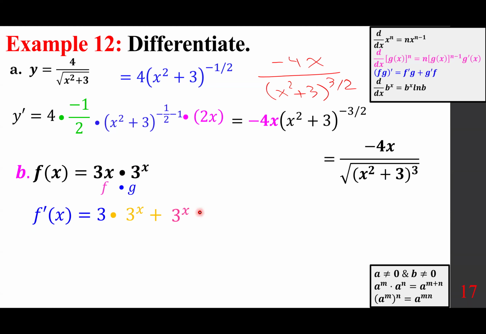No, so ln 3. And now times f, which is 3x. And we are done with calculus. By the way, this is f of x. I call this one f also because I go with the shorthand notation for product rule. But you can think of this as h of x and h prime of x here, if that helps, that's fine. Okay.